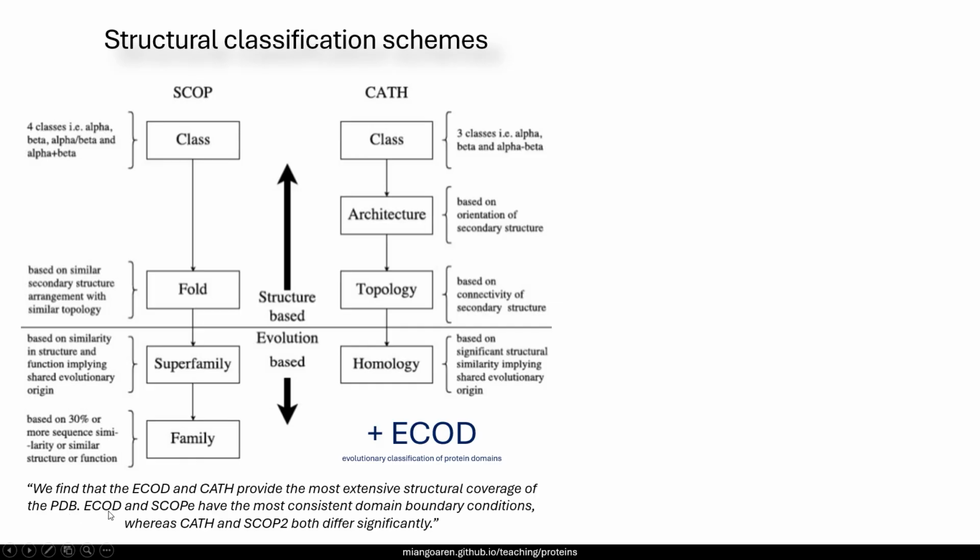And when we compare ECOD and SCOP, which is a European variant of this, they also find relatively consistent relationships, at least at the level of determining which regions mark the end or beginning of the domains. So really the choice of which database to use may depend on precisely whether or not you agree with the guidelines on which each of these classifications are built, as well as perhaps some tool that you are using that offers more information associated with a database.